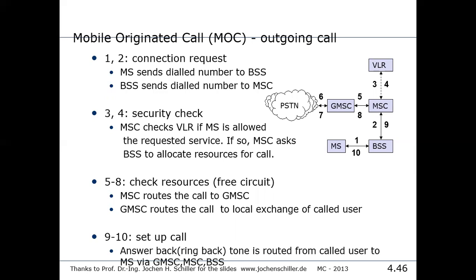If so, the MSC asks BSS to allocate resources for the call. Then 5 and 8 are to check the resources to establish the connection. MSC routes the call to GMSC, and GMSC routes the call to the local exchange of the called user. In turn, if the resources are available, this connection is established.